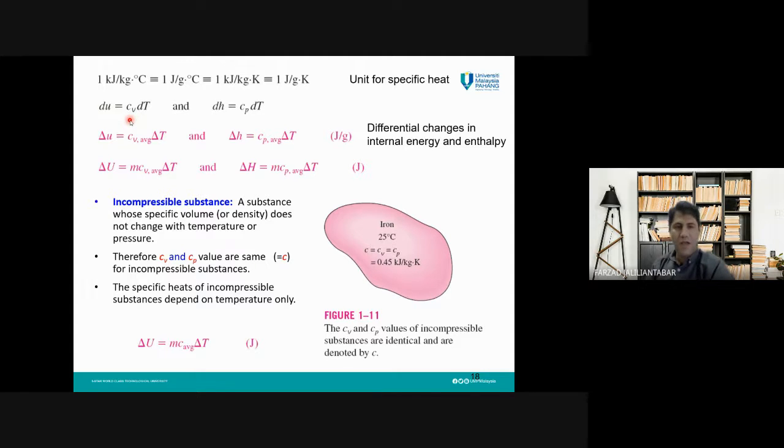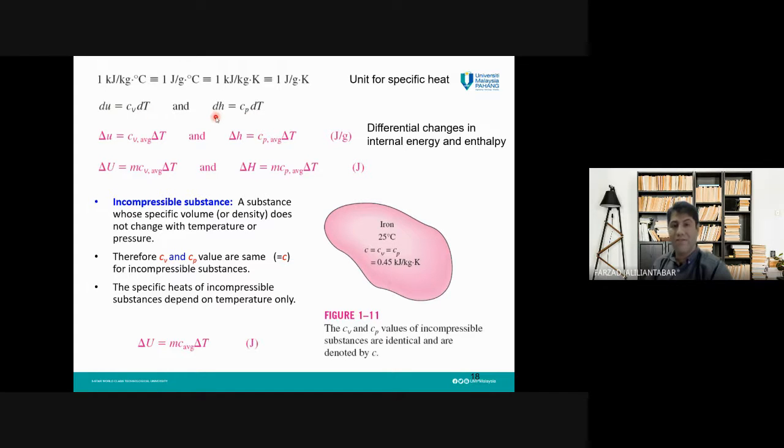If the system is a closed system, for example, and we have only internal energy, the total change in the energy of the system is the change in the internal energy of the system. So du will be equal to Cv dT. A simple equation, but very useful to calculate the change in the internal energy of the system with the change in the temperature of it.